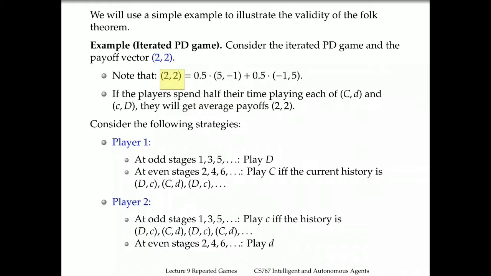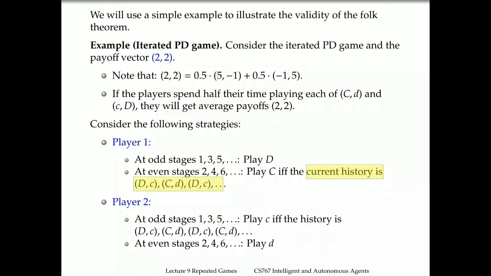So I'm going to define this strategy. It's also a trigger strategy, but it's not a grim trigger strategy. Basically what player 1 does is, at all of the odd stages, at 1, 3, 5, 7, and so on, this player will play D. At any of the even stages, player 1 will play C, but only under the condition that the current history of the game is of the form DC, CD, DC, CD, and so on.